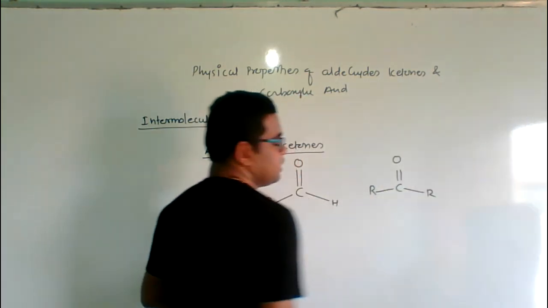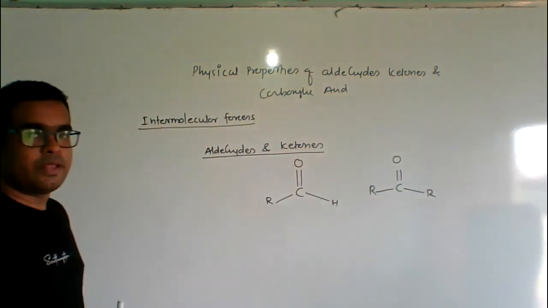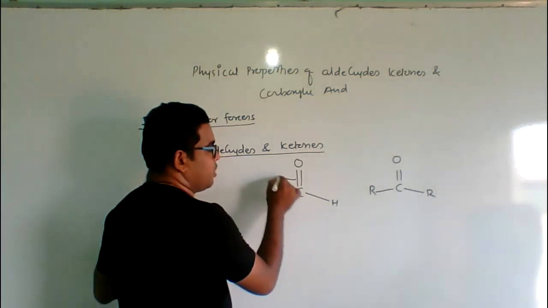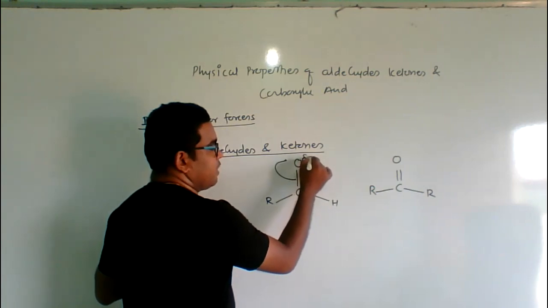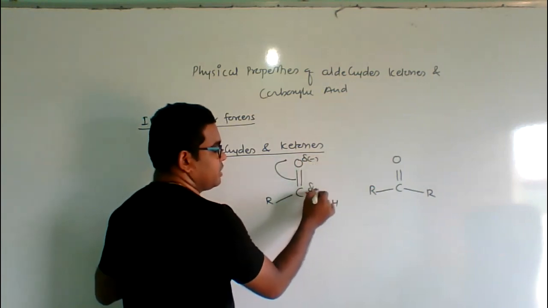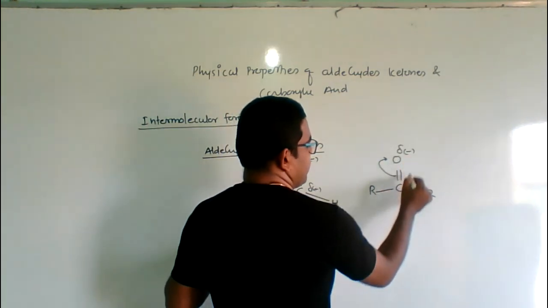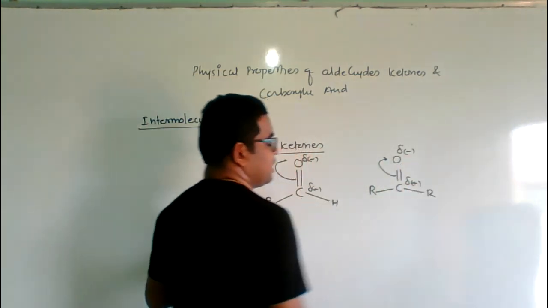That is the difference between aldehyde and ketone. In aldehyde, this carbonyl group is called a polar group. The bond shifts here, so the oxygen can acquire partial negative and the carbon can acquire partial positive. Here also, the bond shifts, the oxygen acquires partial negative and the carbon acquires partial positive.